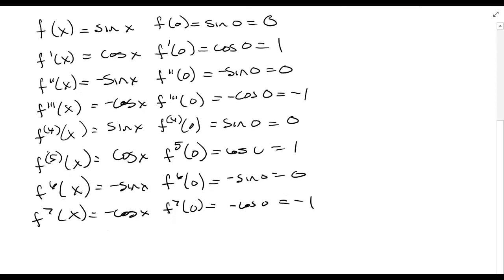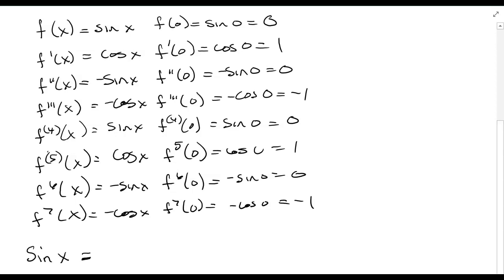All right, so let's start. Our f of x is sine x, and it's going to equal this Maclaurin series summation.